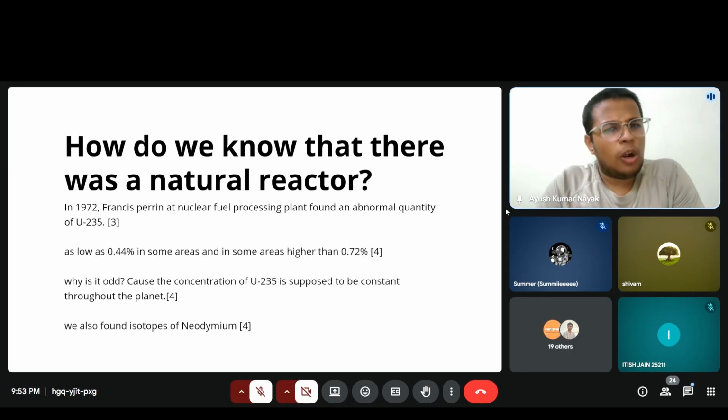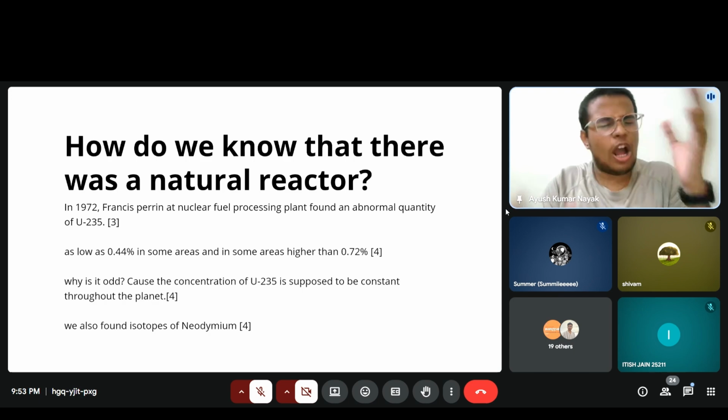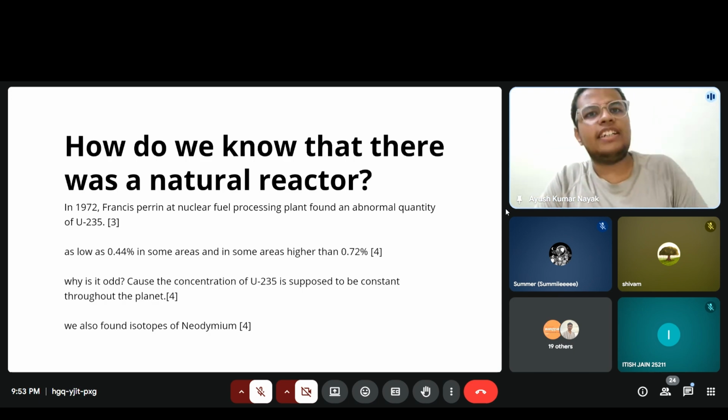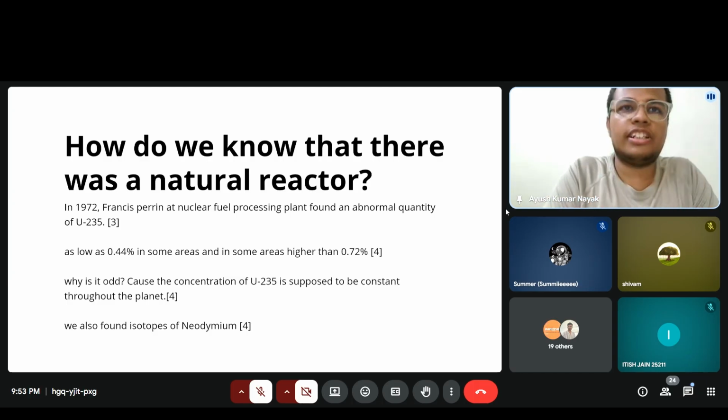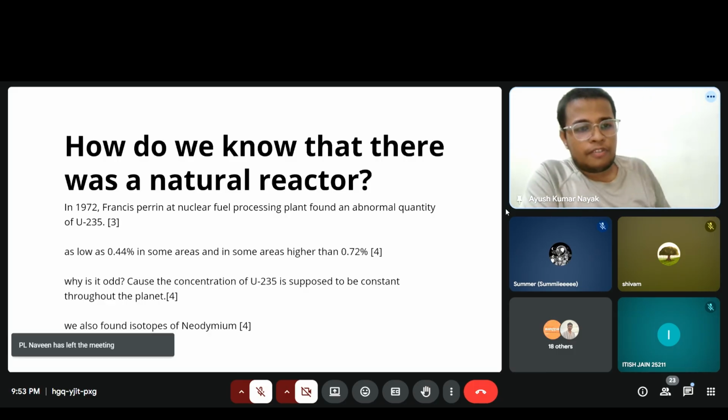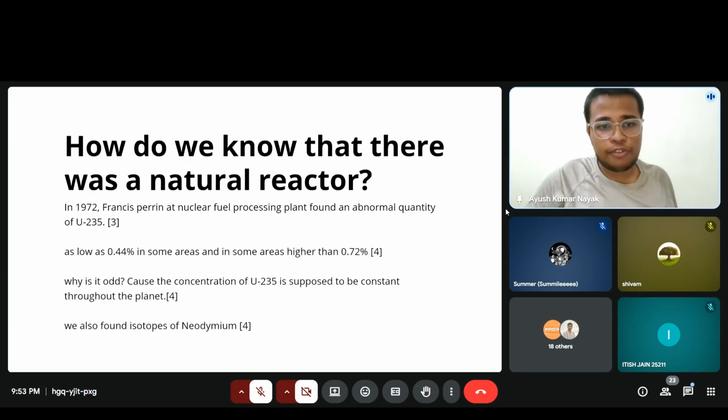Now, how did we get to know there was a natural reactor, and how is nuclear waste related to it? So basically, the year was 1972, and this guy named Francis Perrin was working at a nuclear fuel processing plant. When he was analyzing a sample, he found an abnormally low quantity of uranium-235.